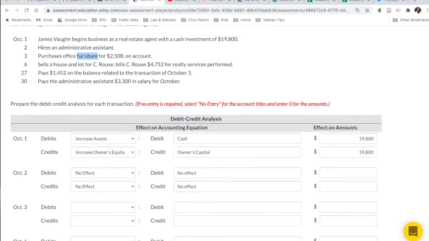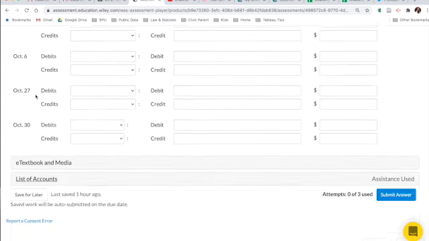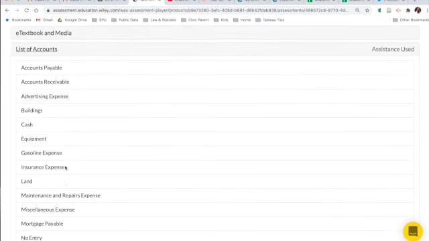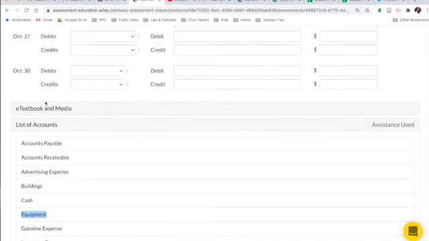And then finally, I mentioned in the whiteboard video again, furniture is what the homework software states up here. However, if you scroll down, you'll see the list of accounts, which, by the way, you can expand and open up. There's no furniture account listed here. That's a bug within the software. It should be equipment up at the top.